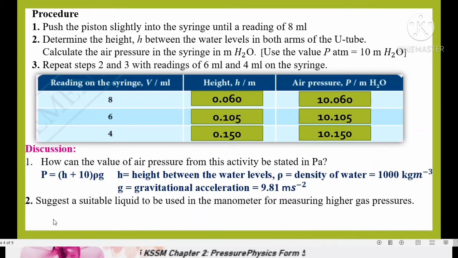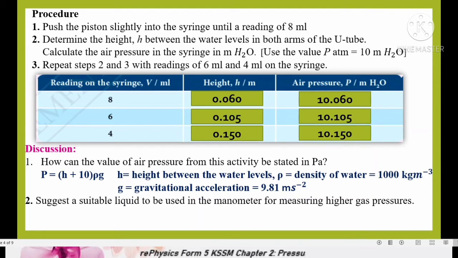Number 2, suggest a suitable liquid to be used in the manometer for measuring higher gas pressures. So if we use it to measure higher gas pressures, the difference in level of colored water will rise very high when there is a change in the density of the liquid.